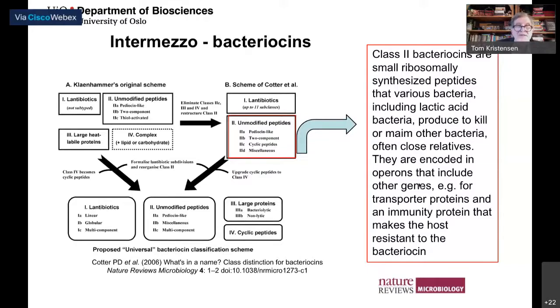But first, I have to introduce a group of antibacterial peptides called bacteriocins. This figure shows two ways they can be classified. We don't really need to bother about that, but the bacteriocins I've been working with belong to this group here, which is a group of unmodified peptides, which means that they contain the normal amino acids which we find in proteins anywhere.